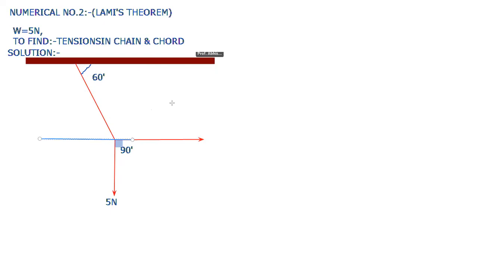Now, if this is 90 degree, then this will also be 90 degree. Remember this. If this is 60 degree, then by using the property of opposite angle, this will also be 60 degree.